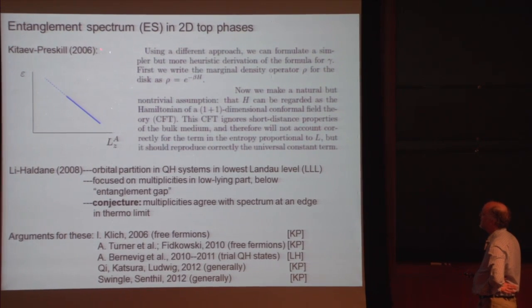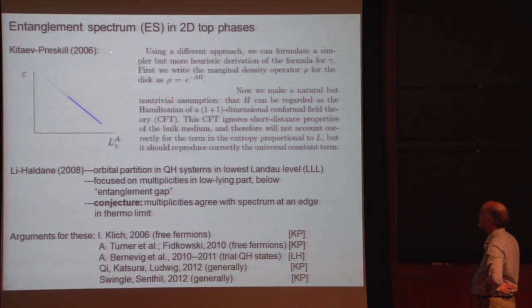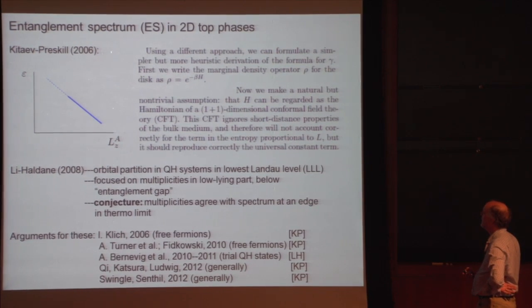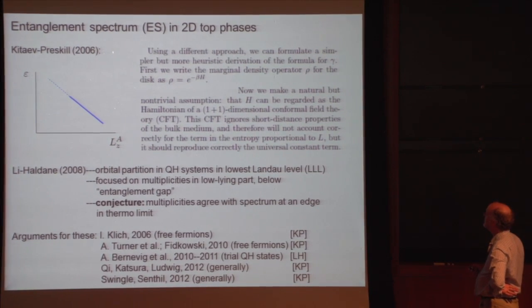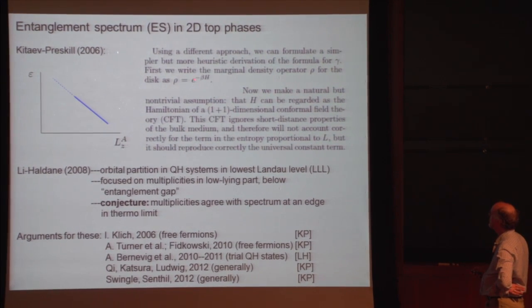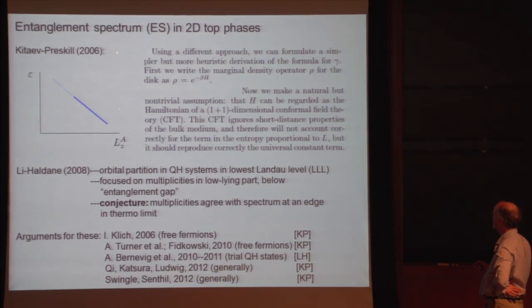Now, in the Kitaev and Preskill paper, towards the end, there's a passage which I think has often been overlooked, so I'm reproducing it here. So here's the actual text from the paper. This is what they said. Well, first they say we can think of the marginal density matrix. We already know that.